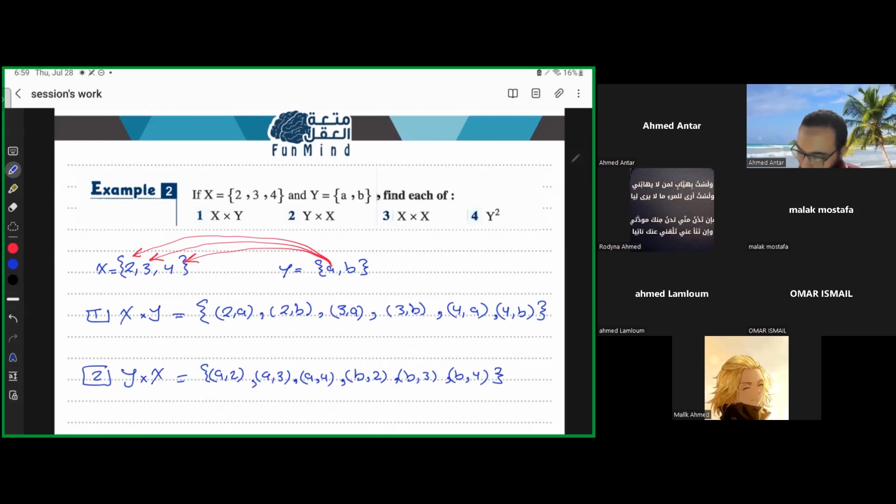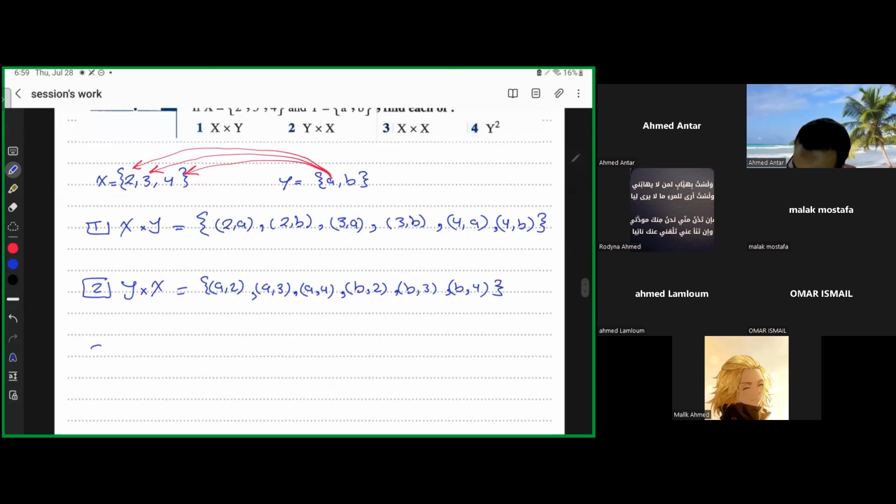Amr. So right now we need to get x Cartesian x. How can you do that?